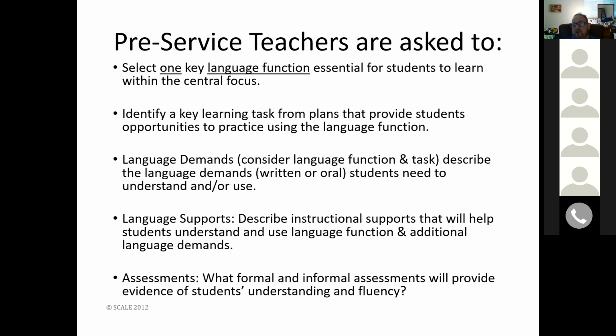Consider language function and task. Describe the language demands, written or oral, students need to understand or use. Language supports. Describe instructional supports that will help students understand and use language function and additional language demands. Assessments. What formal and informal assessments will provide evidence of students' understanding and fluency.